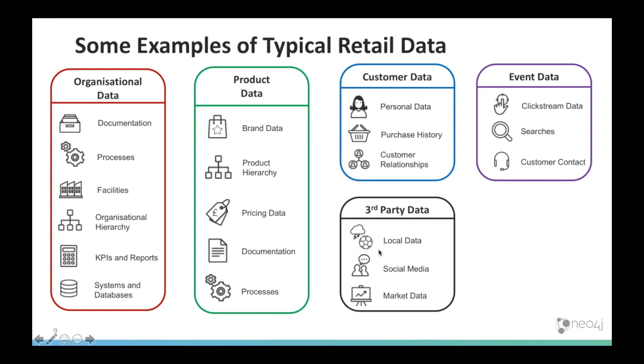Third-party data. So I've called this local data. Often it can be quite interesting to bring in weather data, information about what's happening in a particular area. Is there a sporting game or a big event or something like this that you can combine with the rest of your data to make decisions about promotions or what to recommend to an individual?